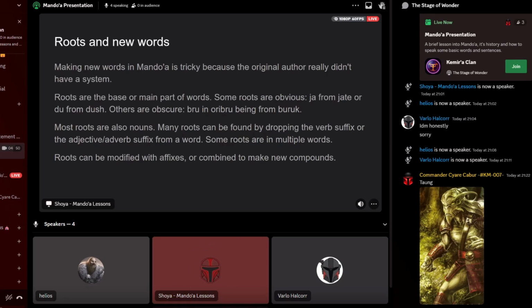That's why I say to people, I don't recommend making compound words and such until you're more familiar, because a lot of compounds are not immediately obvious.